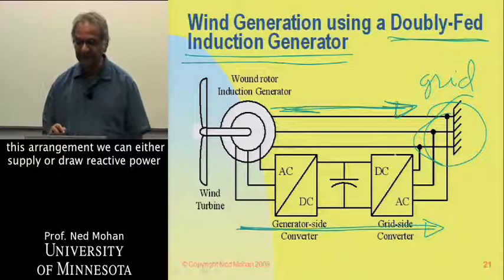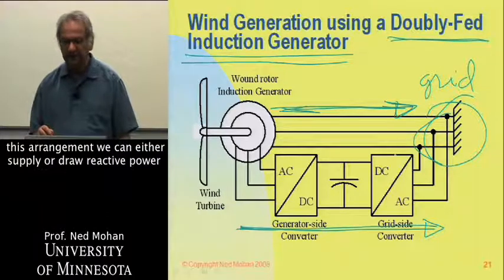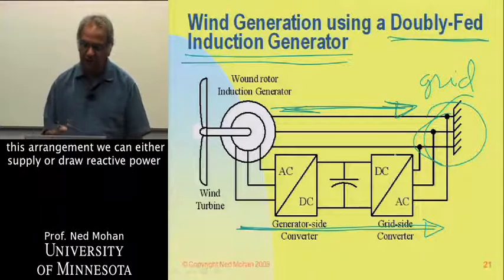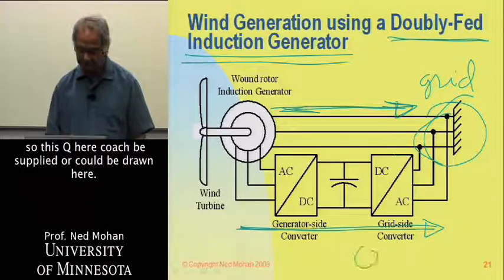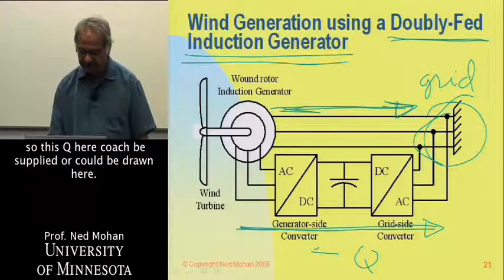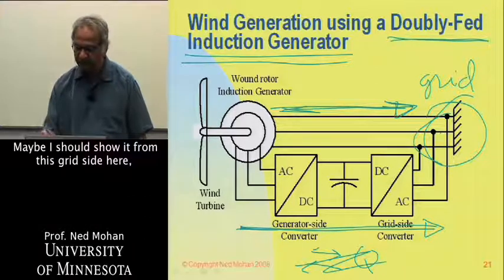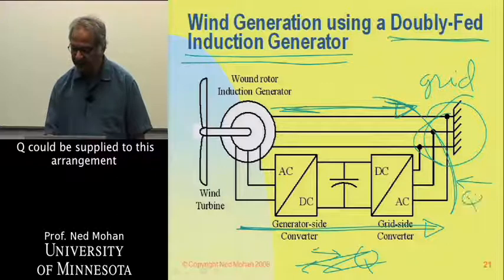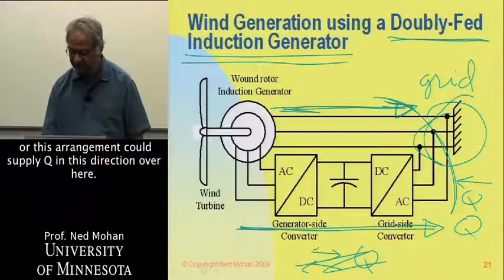And in this arrangement, we can either supply or draw reactive power. So this Q here could be supplied or could be drawn. Maybe I should show it from this grid side here. Q could be supplied to this arrangement, or this arrangement could supply Q in this direction over here.